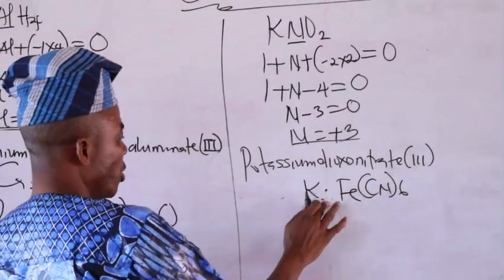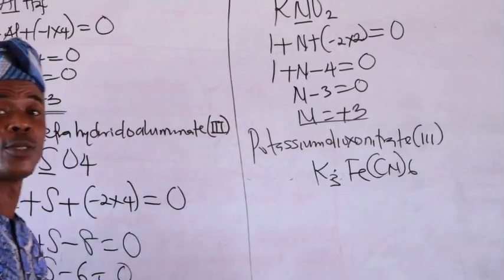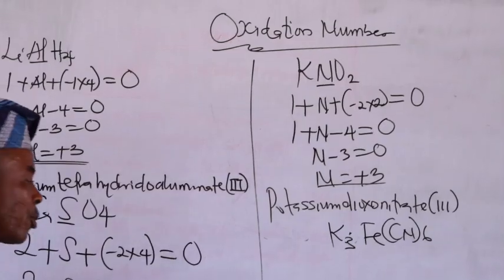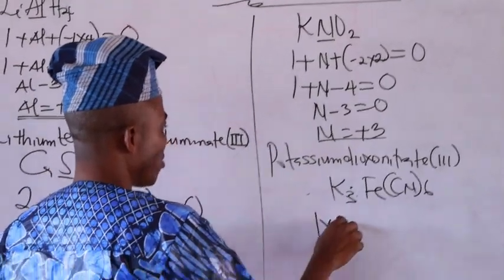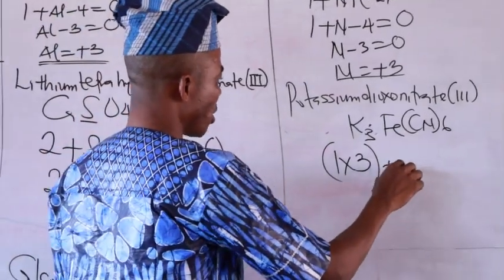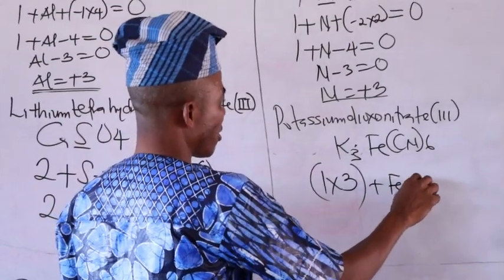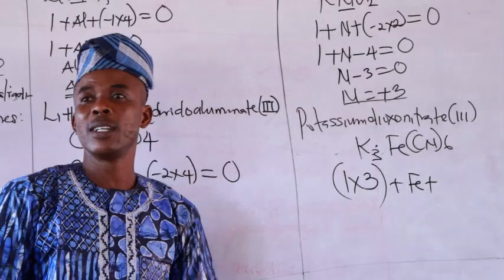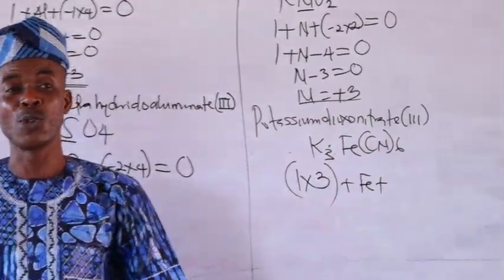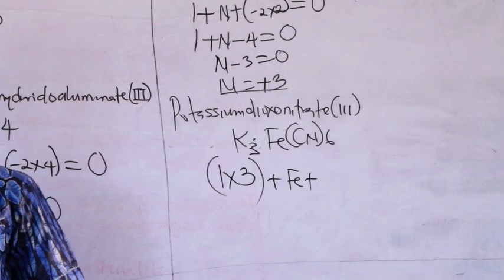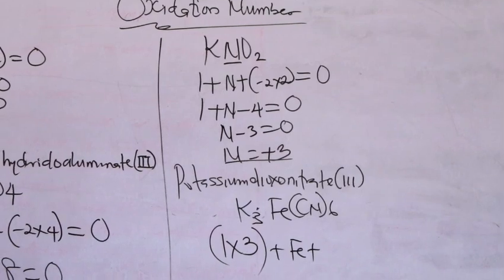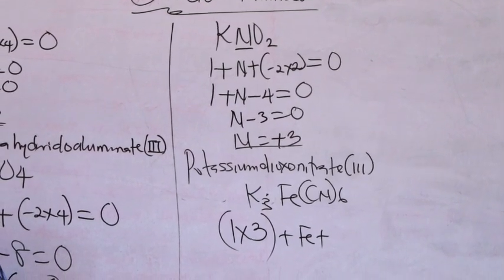Of course, we know potassium is in group 1, so its oxidation number is going to be +1. So that is 1 times 3 because there are 3 atoms of potassium there. Plus, let's use Fe to represent the oxidation number of iron. This is carbon and nitrogen, which we call cyanide. What is the oxidation number of cyanide?